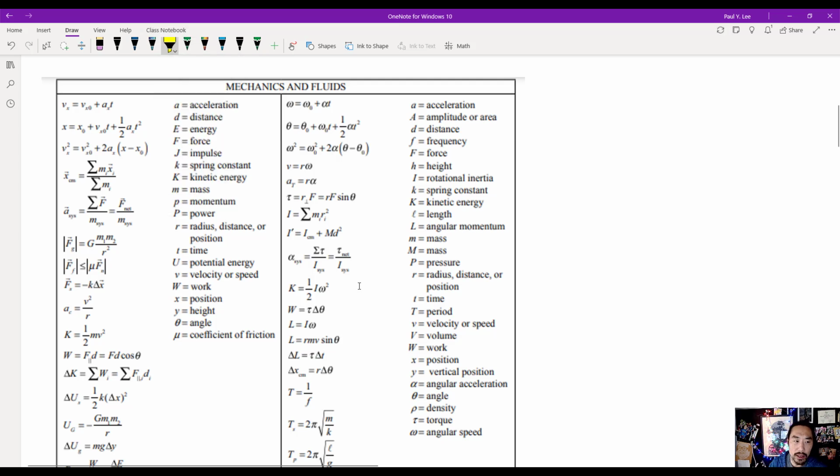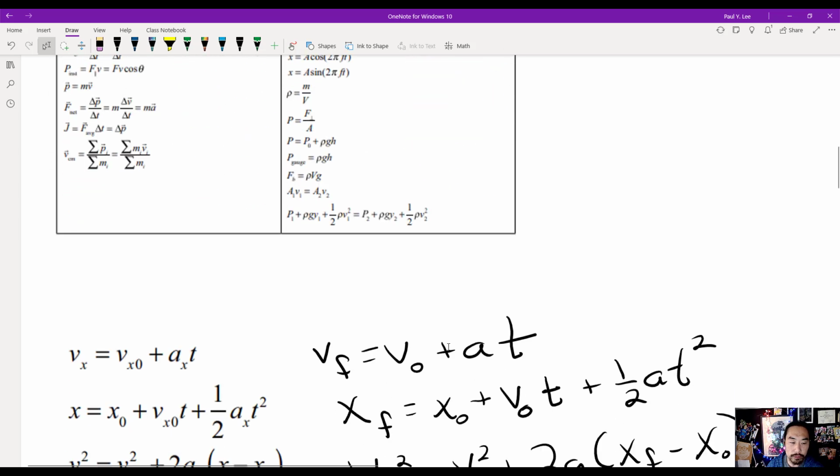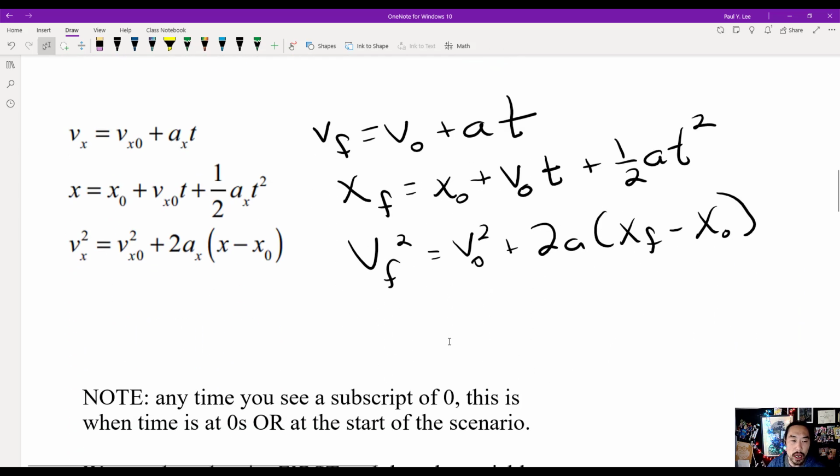If you can't see it, that's okay. I've linked the document in the video description, so you can see it there. But I'm about to zoom in on those 3 formulas below.